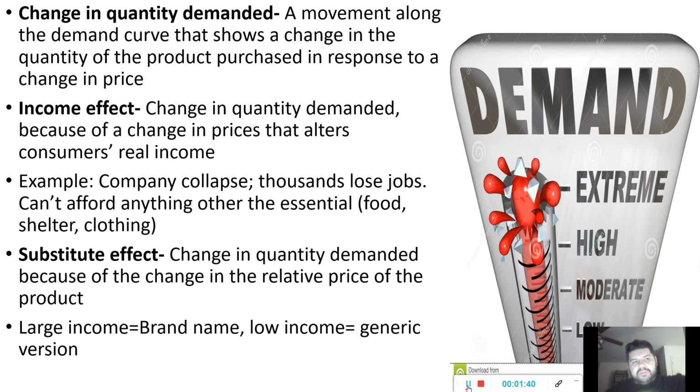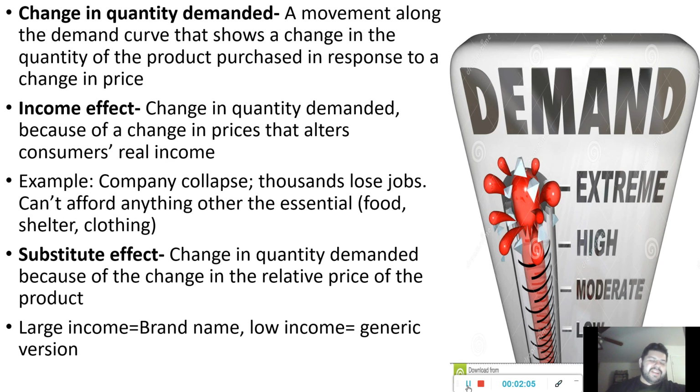It should go straight down. On that line, the movement is the change of quantity of the product purchased in response to a change in price. Whether that price is going high or low, it changes, whether it's going to go this way or that way.